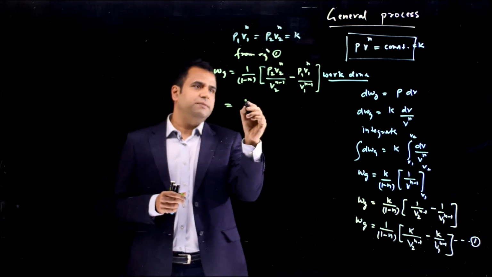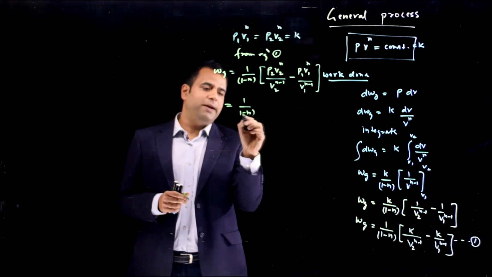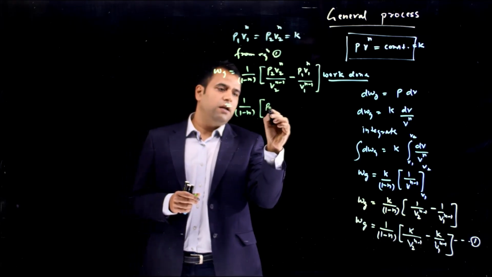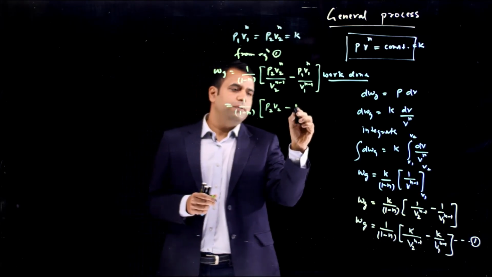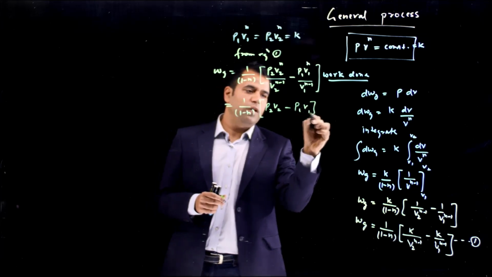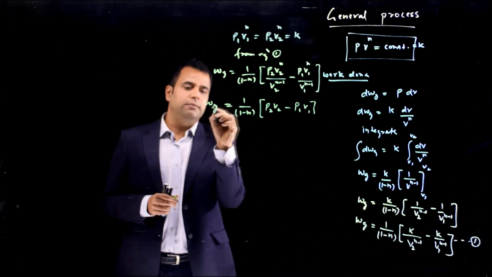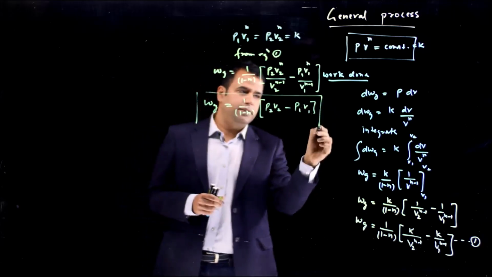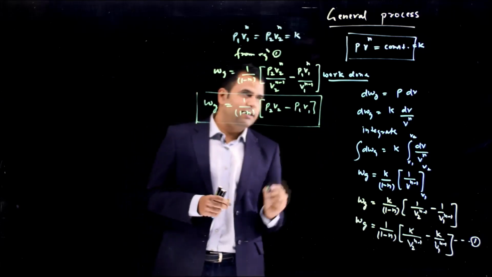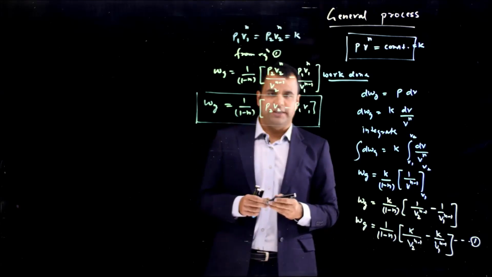Upon simplification, we'll have 1 upon 1 minus n times P2 V2 minus P1 V1. This is your Wg, the work done by the gas for this general process.